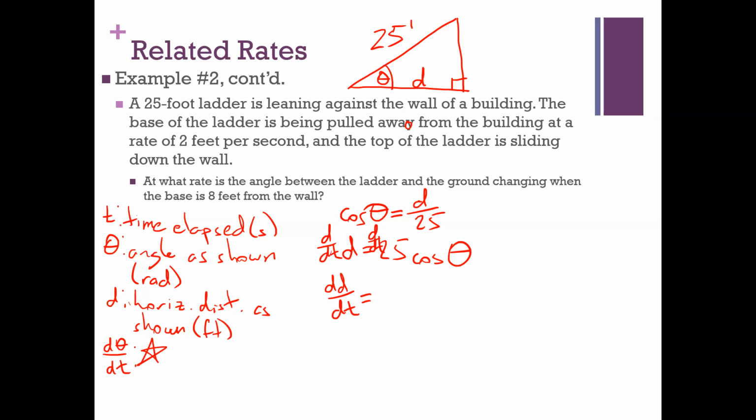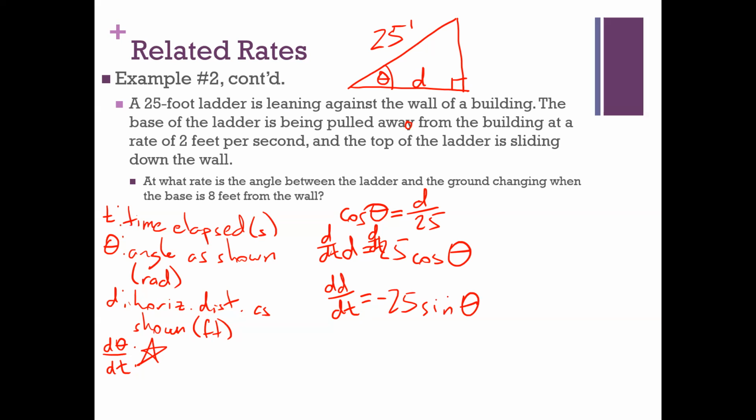We'll worry about what that is later, but for now we can leave it at that. What's the derivative of 25 cosine theta with respect to t? Negative 25 sine theta.